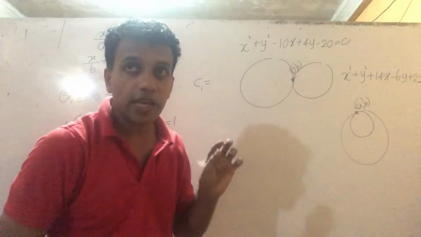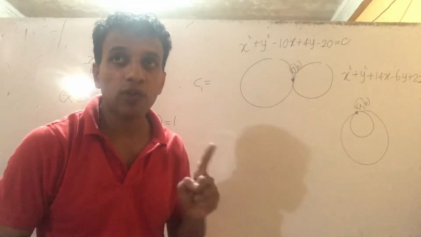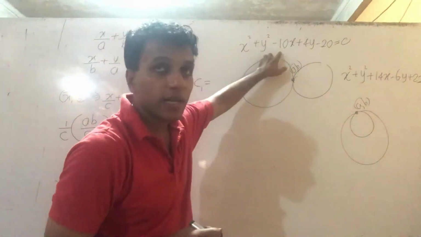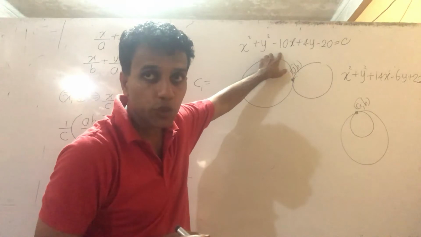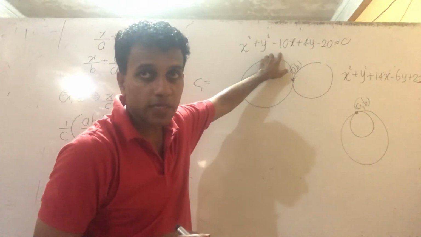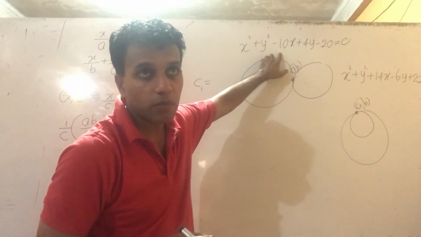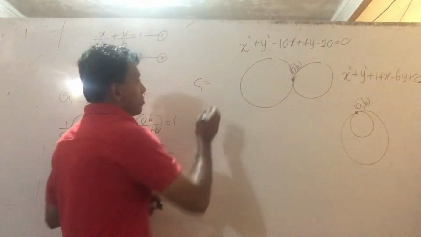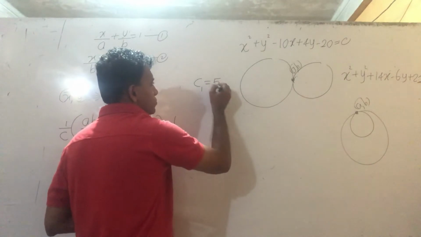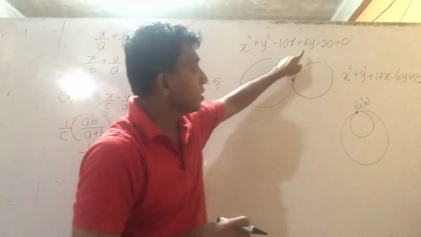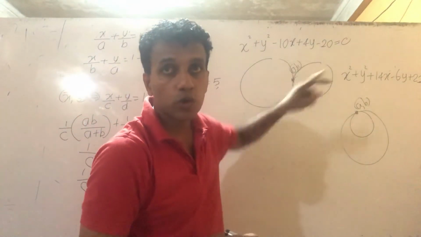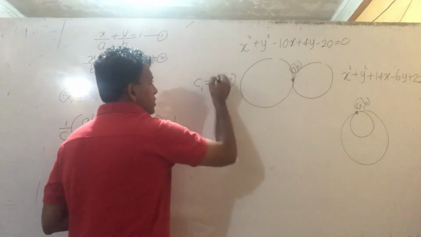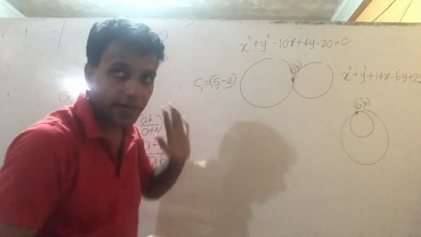If a circle equation has 1x square and 1y square, to find the center coordinate, divide the x coefficient by 2 and change the sign. 10 divided by 2 is 5, change the sign, plus 5. For the y coordinate, 4y divided by 2 is 2, change the sign, minus 2. This is the center of this circle, right?